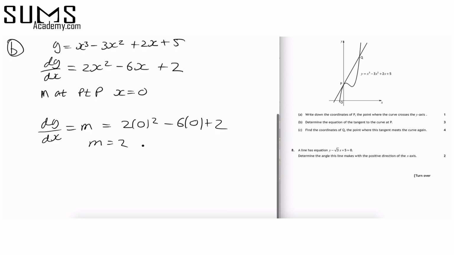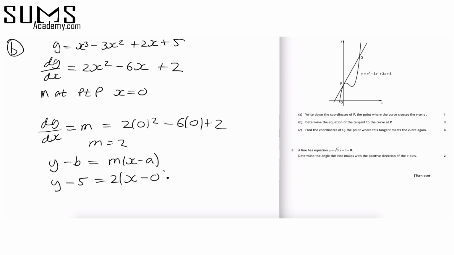Okay. Now what do we need to do? Now that we've got the gradient and we've got a point, we can just put all this back into the equation of the line. So let's go ahead and do that. y minus b equals m(x minus a). So y minus 5, with the point P we're looking at here, equals 2(x minus 0).